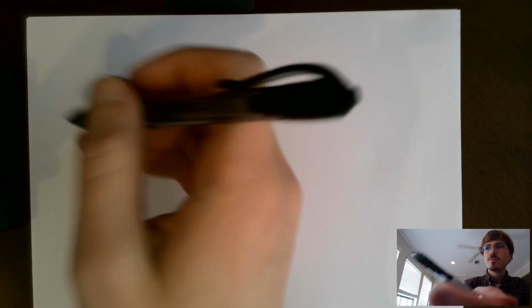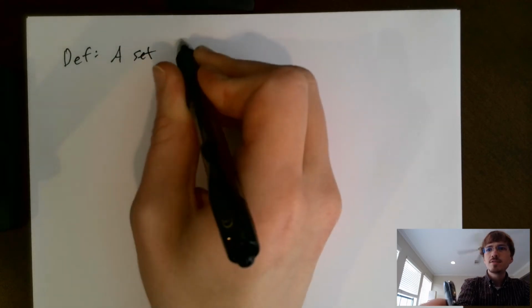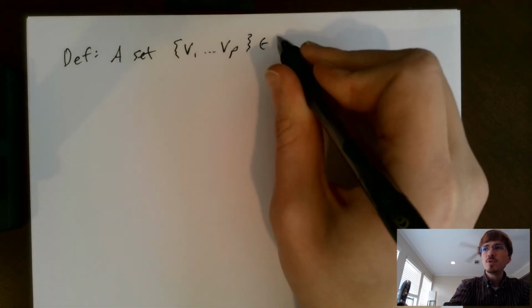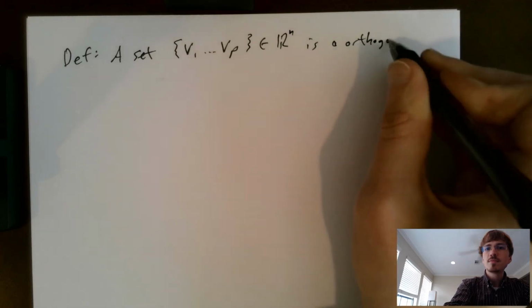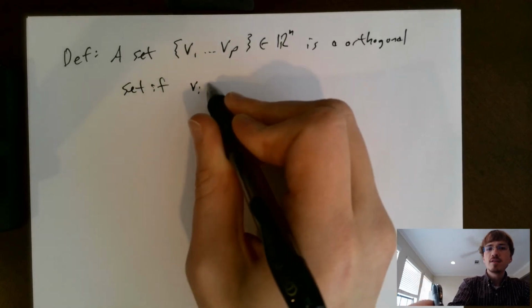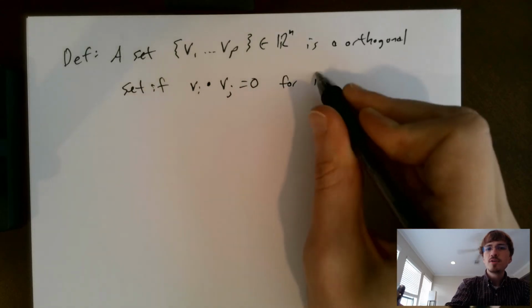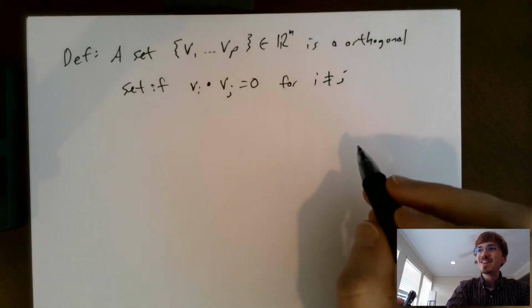So we know what it means for two vectors to be orthogonal. Right? Two vectors are orthogonal if their dot product is 0. Let's define something related. A set of vectors v1 through vp, and this set will live in Rn, is an orthogonal set if vi dot vj is equal to 0 for any pair of indices that are not equal, for any i and j that are not the same.